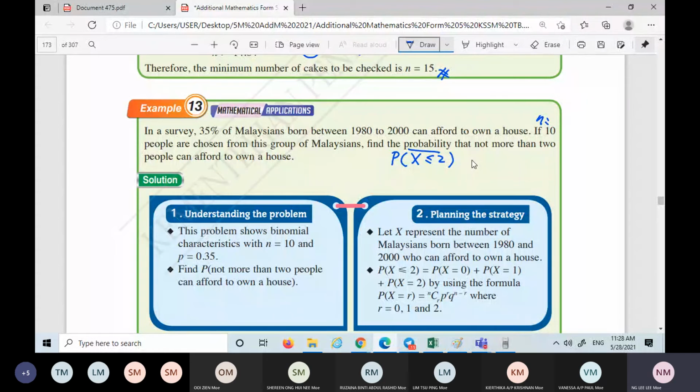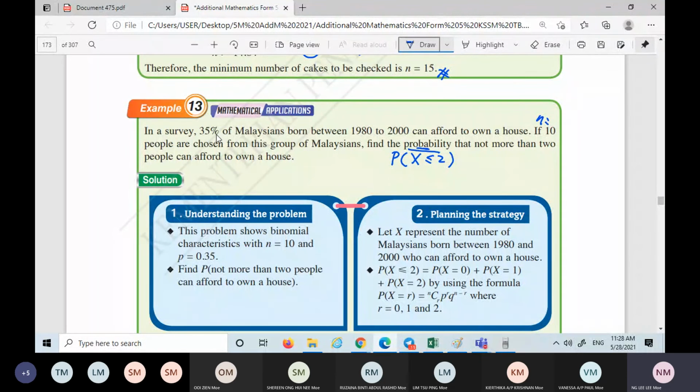Not more than that, so it's 2, 1, and 0. So they are asking for the probability that not more than 2 people can afford to own a house.